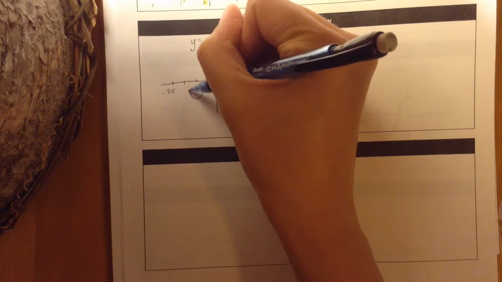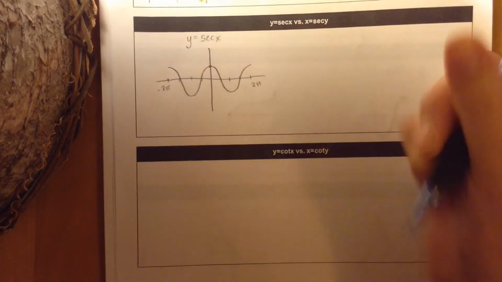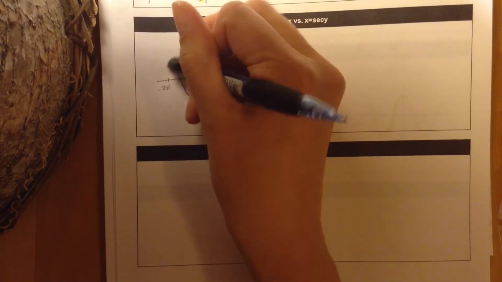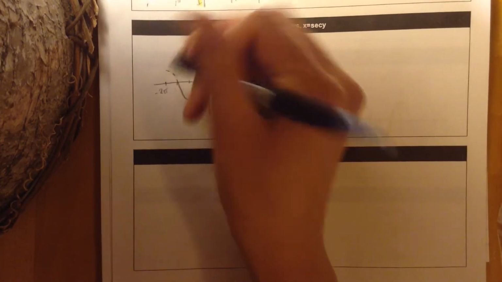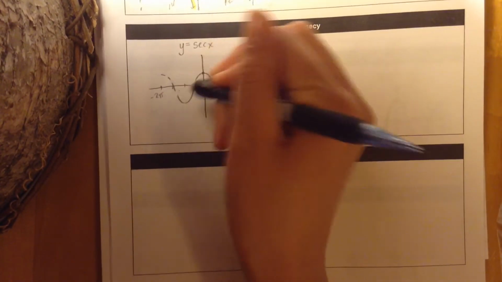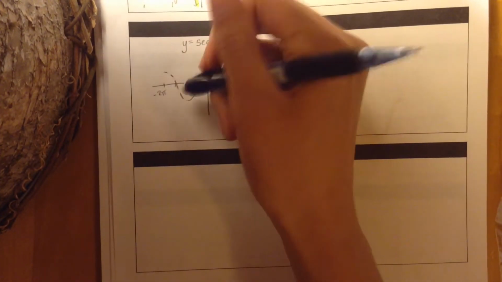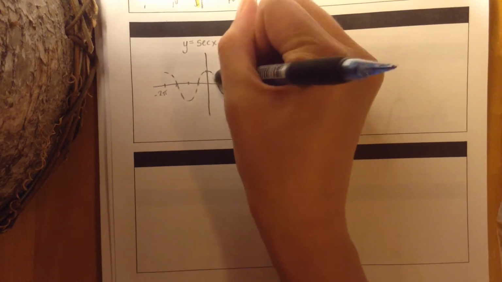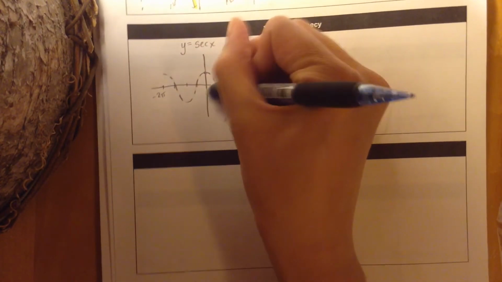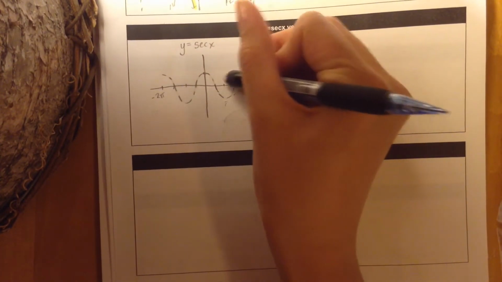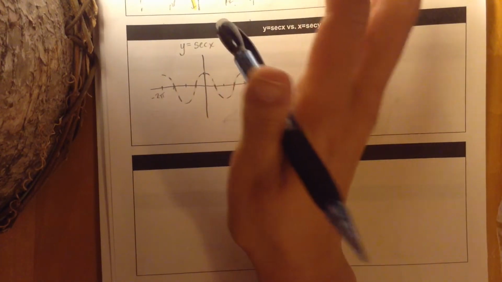And I meant to make that dashed. I'm going to go through and dash that one, because we're not really graphing cosine, we're graphing secant with the reciprocal function, so I don't want that to be the most prominent on your graph. Okay, so we have a dashed function.